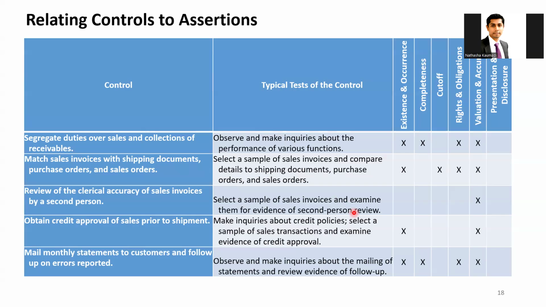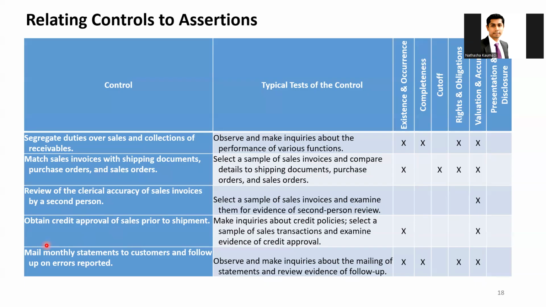So you go and check, as the auditor, whether a second person has actually recalculated the invoice. When a second party is doing that, there should be maybe a seal, maybe a signature with a date, a note that second review is done. So you go and collect that evidence. That again covers the accuracy or valuation assertions of revenue and trade receivables.